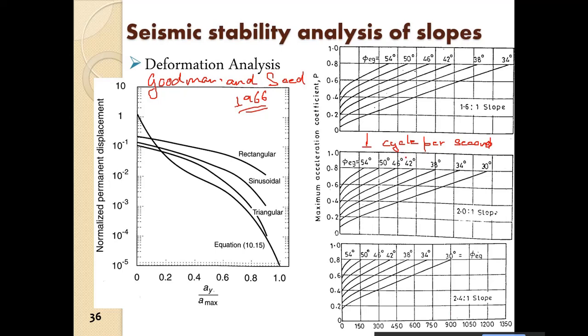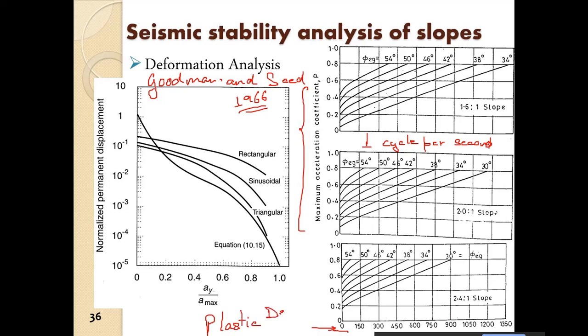Using that assumption, considering a sinusoidal acceleration time history and a frequency of 1 cycle per second, they solved the system, and what they gave is the maximum acceleration coefficient versus the displacement. This is the displacement in mm.